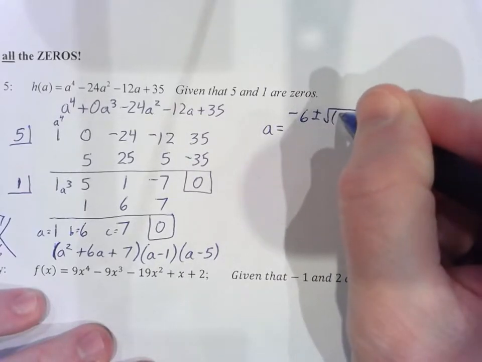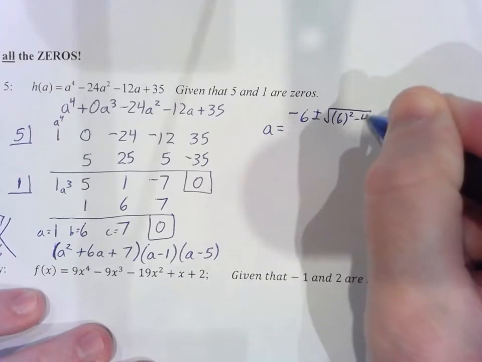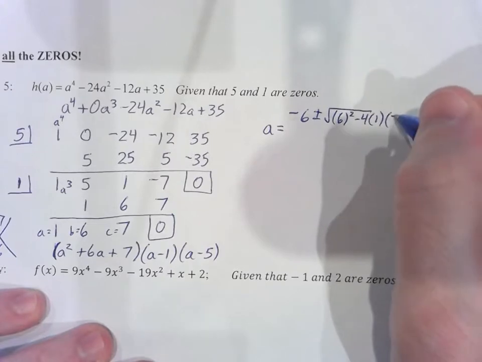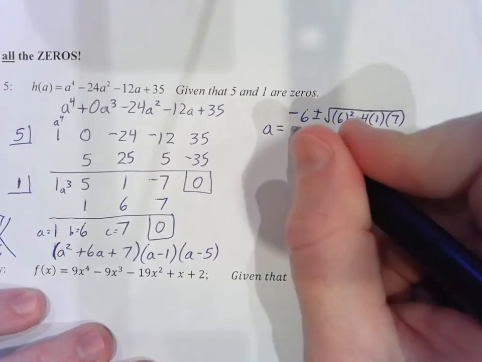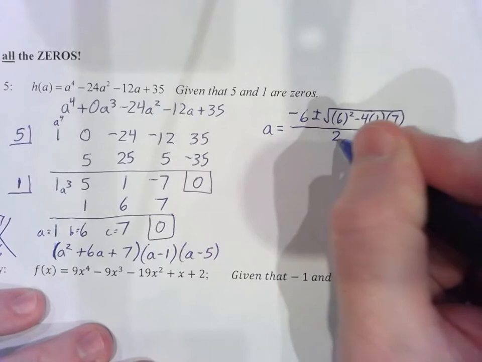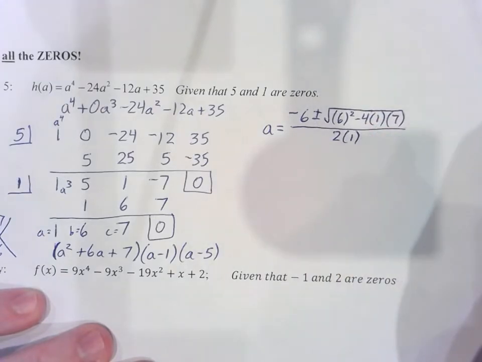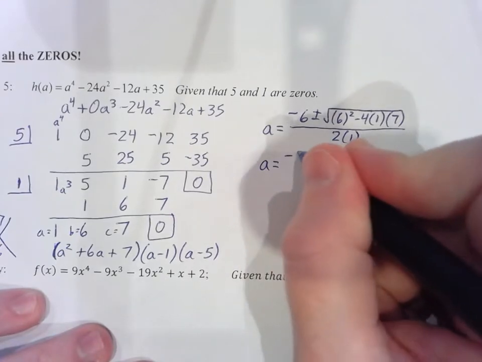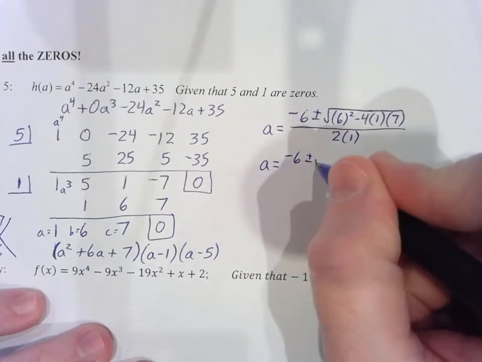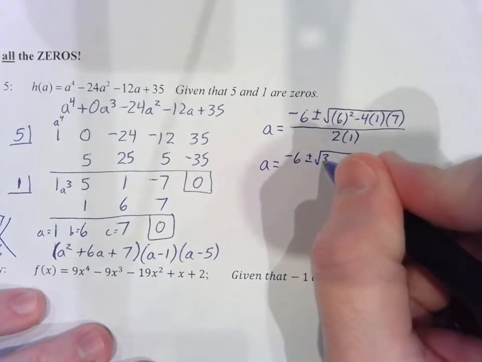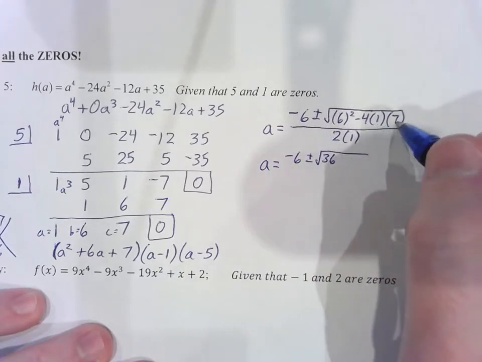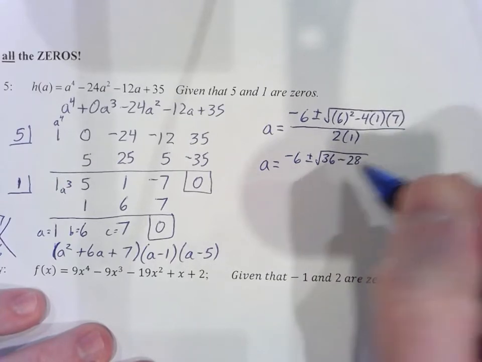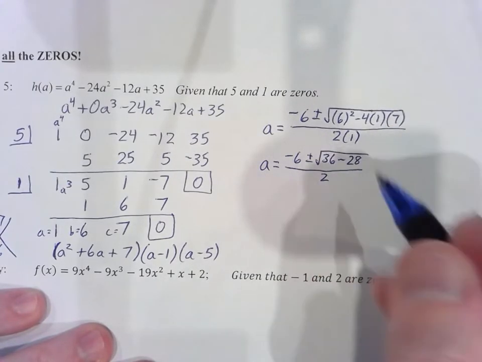B is 6 squared minus 4 times a, which is 1, times c, which is 7, all over 2 times the a value, which is 1. So negative 6 plus or minus square root. 6 squared is 36. 4 times 1 times 7 is 28, so I'm doing minus 28 over 2. 2 times 1 is 2.